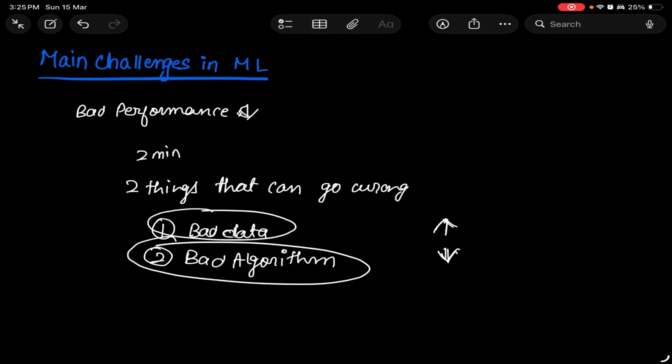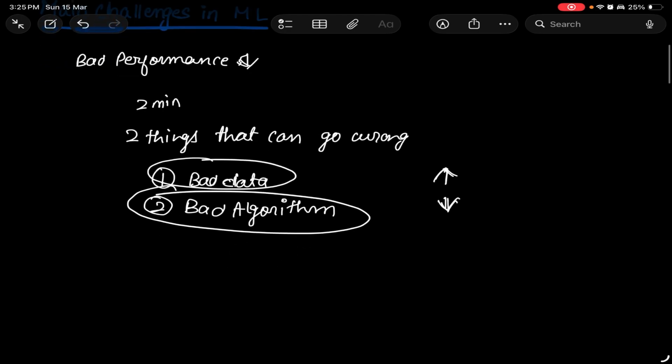Now we want a fix for it, because if we feed very bad data to a very excellent algorithm, we'll still get a very bad performance. If we don't get the pattern, how will we predict? And if we have the best data in the world but a very bad algorithm, it will not even work.